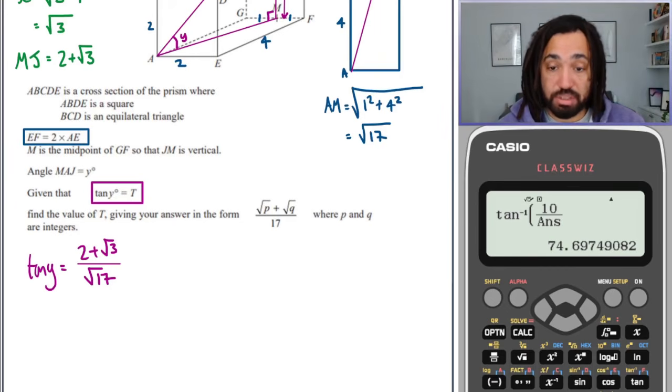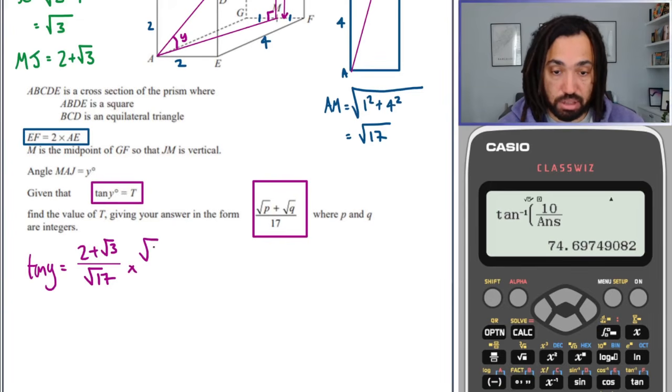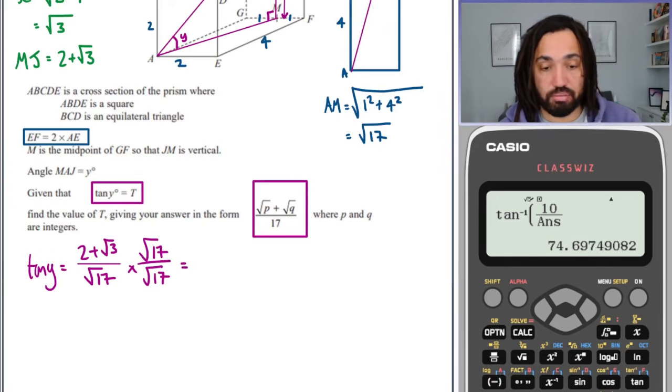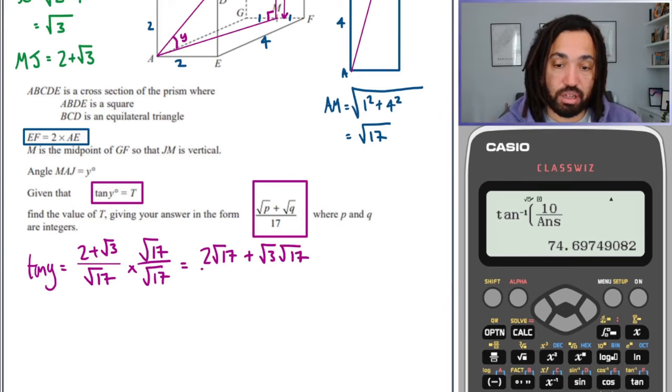But they want it in this particular form, so that means that we're going to have to rationalise the denominator. So we do that by multiplying top and bottom by the denominator, which is root 17. This gives me 2 root 17 and root 3 times root 17, and then that'll be all over root 17 times root 17, which is 17.